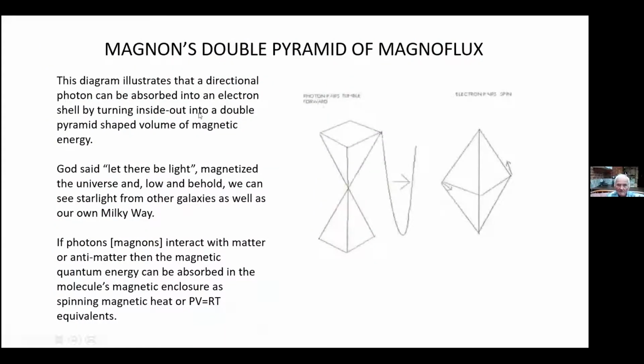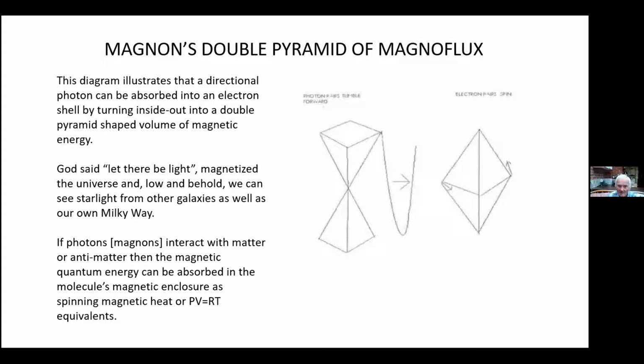So Magnons are like a double pyramid of Magnoflux. This diagram that you can see on the right indicates that a directional photon can be absorbed into an electron shell by virtually turning inside out into a double pyramid shaped volume of magnetic energy.